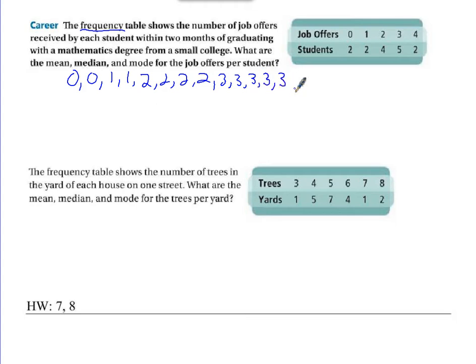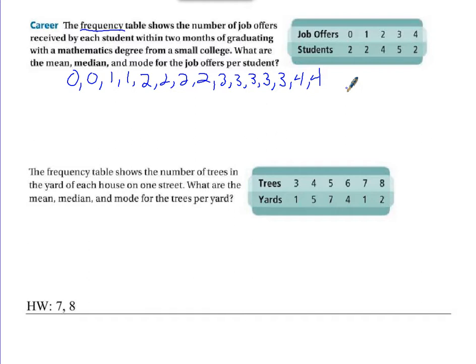Is that 5 threes? Okay. And then I have 2 students who had 4 job offers. 4 and 4. That's what that frequency table was telling you. It was a nice compact way of showing you how many job offers each individual student had within 2 months of graduating from Bob's College.